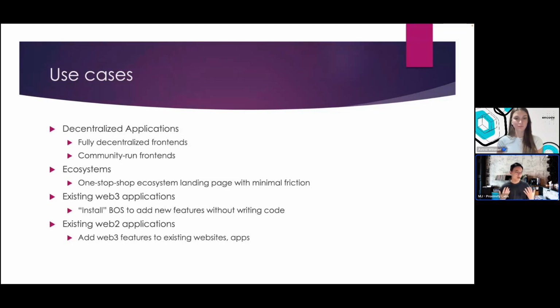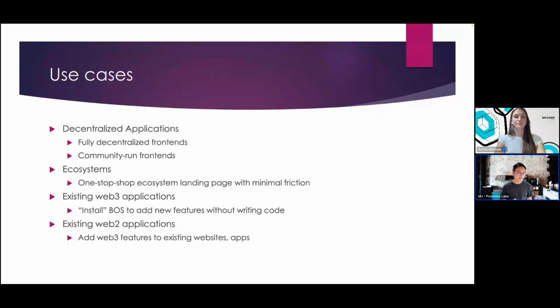And then if you are an L1 or L2 blockchain ecosystem, right, you can also use the BOS to create a one-stop shop ecosystem landing page, where users can discover all the marquee, trustworthy, real applications inside your ecosystem, so that they don't have to rely on Twitter or Telegram to discover all those different applications.